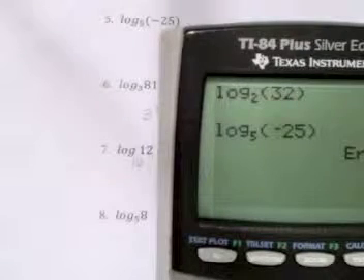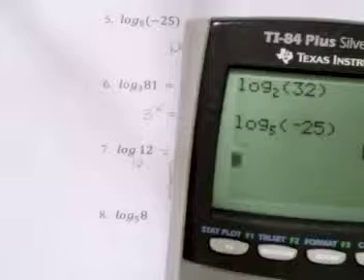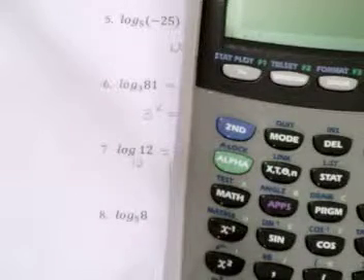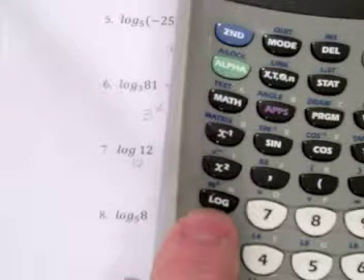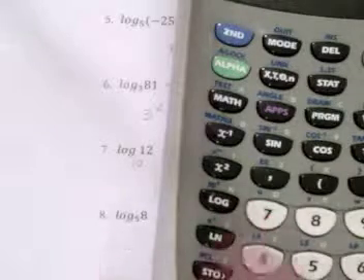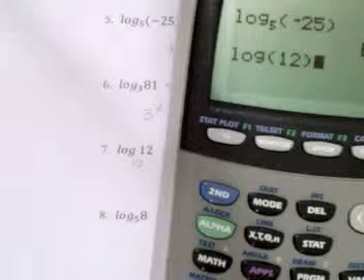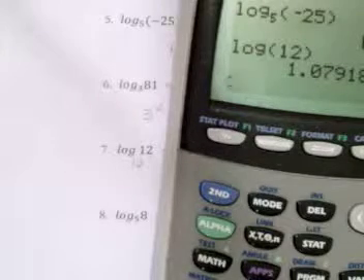So I fortunately don't have to go through getting to the catalog because there actually is a log base 10 button on my calculator. Let me show it to you. It's right here below the x squared button right next to the number 7. So if I hit log, that defaults to base 10, and I can just put in 12 and hit enter and find that it's 1.079 and so forth.